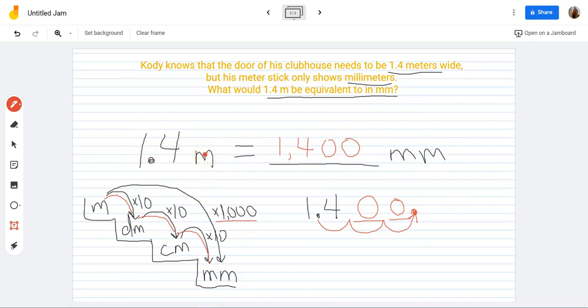And that's going to be true with all our metric conversions. The bigger number is always going to go with the smaller unit. Sorry, I'm not sure I said that correctly the first time. Definitely said it correctly the second time.